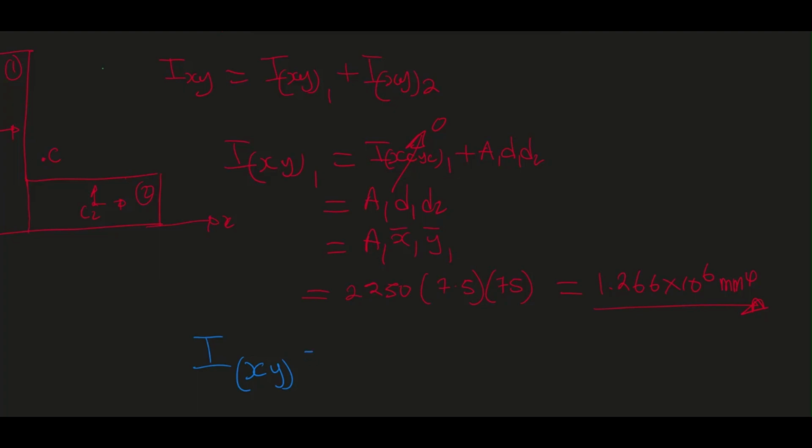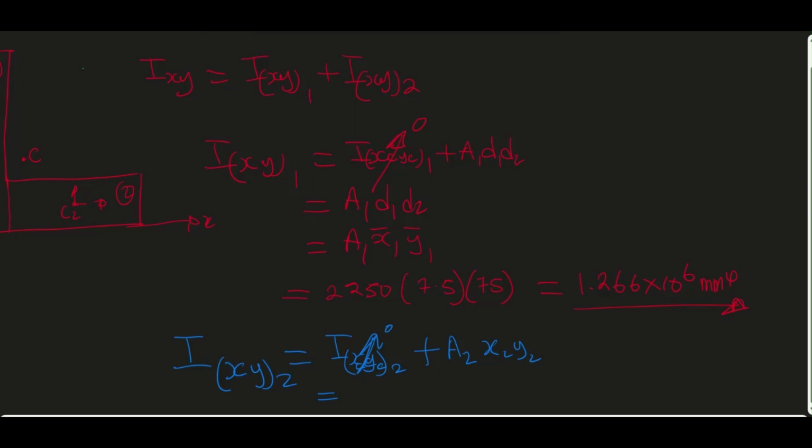So Ixy 2 is equal to Ix'c y'c about C2, plus area 2 multiplied by x bar 2 y bar 2. Know that this first term is 0 because the product of inertia of a centroidal axis from itself is 0. There's no position.